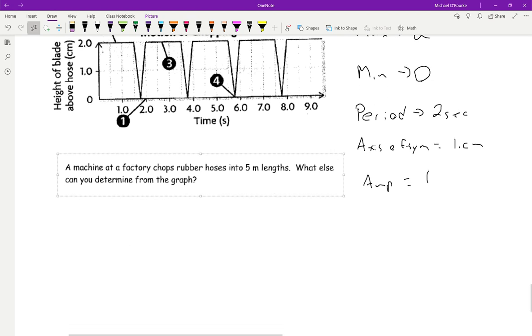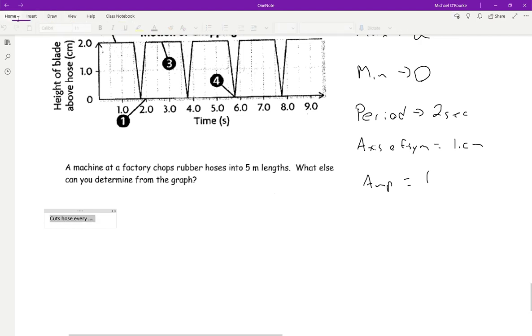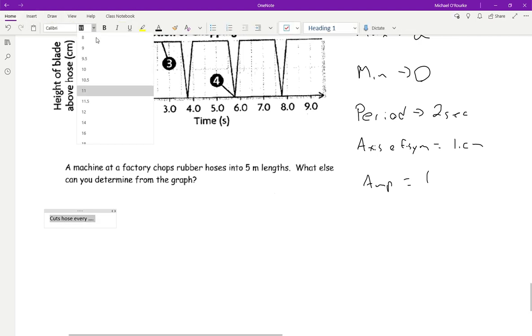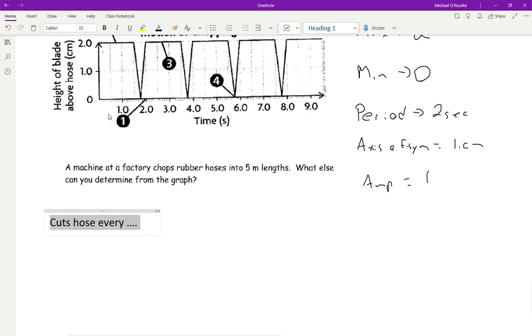If you had to say this machine is cutting lengths, hoses. Can you answer that question for me?